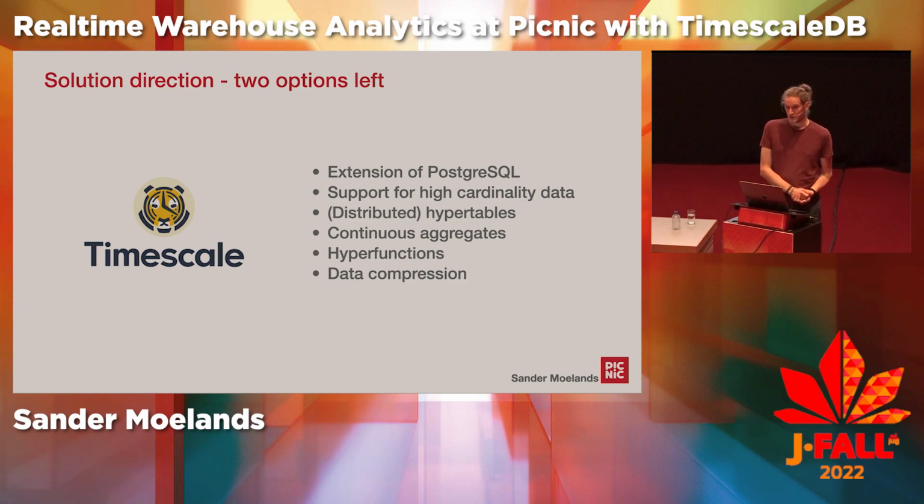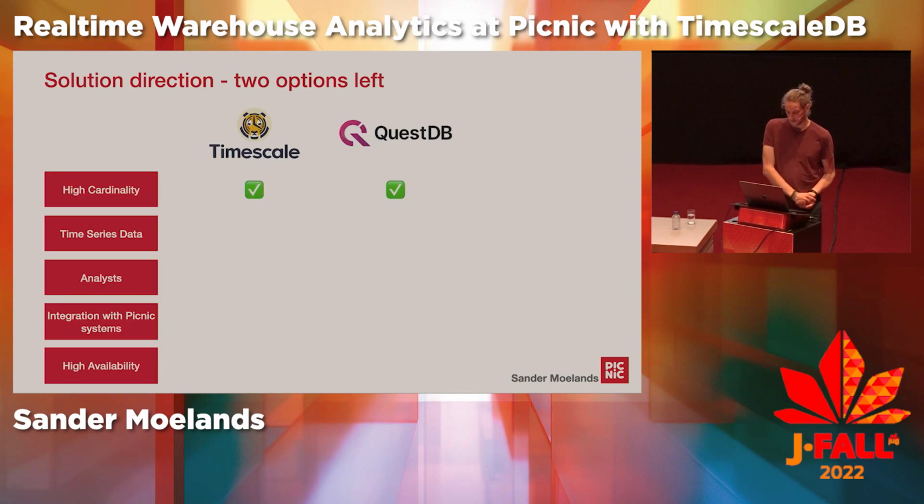So now we get to the big show-off. What makes sense? What fits our needs of these two competitors? High cardinality, I already talked about that in both solutions. They both just nailed that, so no issues with that. Time series data, also a good plus.